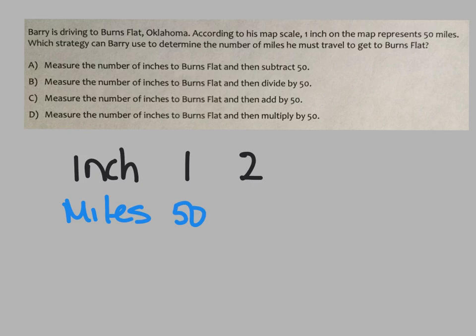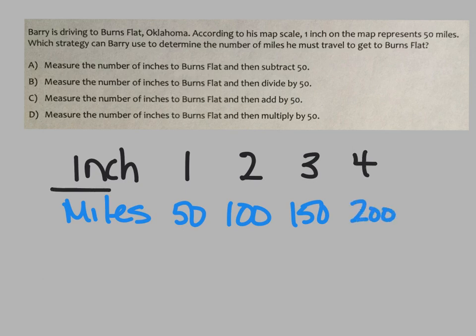Another 50? And what about 3 inches? Would it be another 50? And 4 inches? Another 50? That looks like it would make sense.